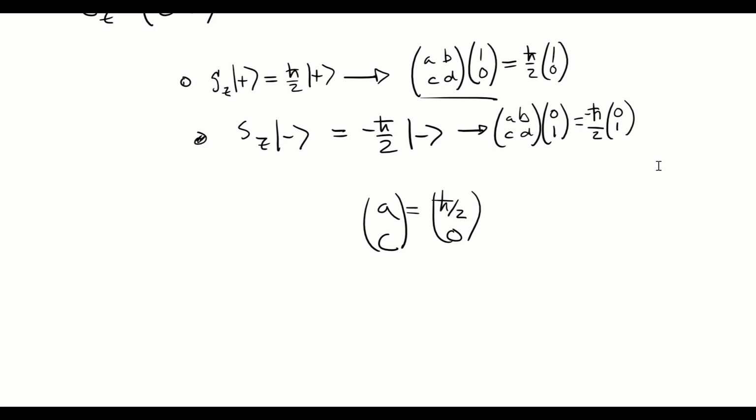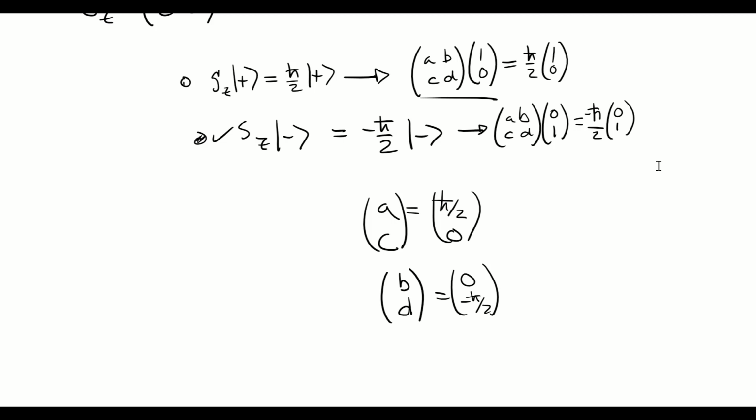That is what our A, C column looks like that we get from here. If you just take the (1, 0), multiply it by that, and then by that, you get that. The second equation down here gives us similarly that B, D is equal to 0, negative ħ/2.